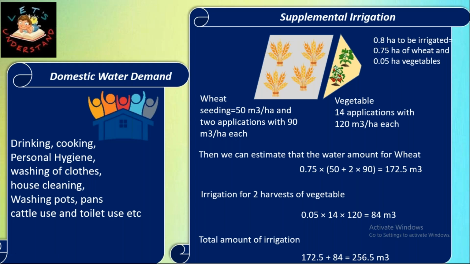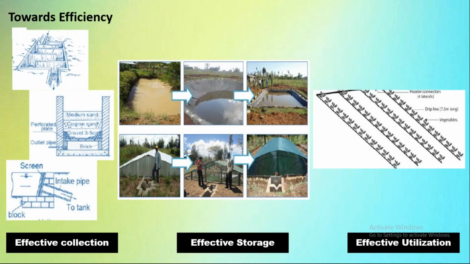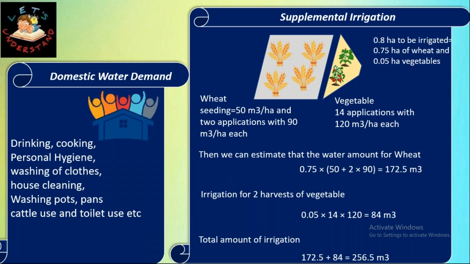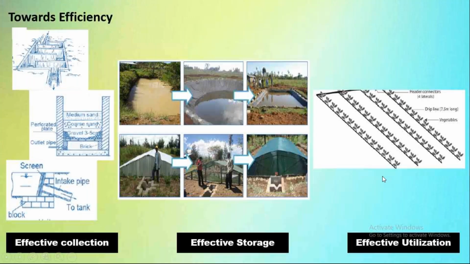So we can add somewhat more water, so that if some losses occur, we should not fall short of water in that situation. Otherwise, our crop will be affected. So this was a basic example of how to calculate the capacity at our farm level.